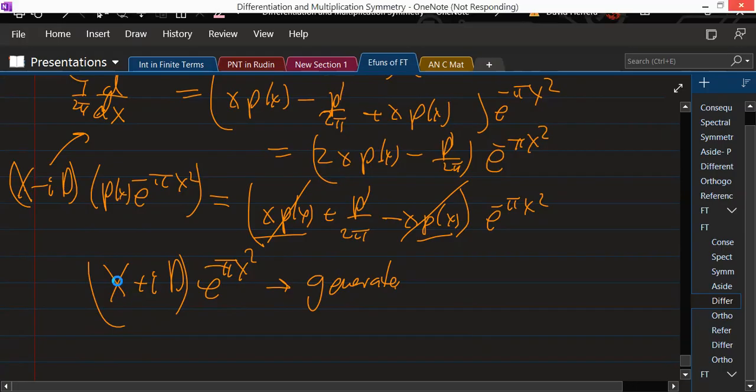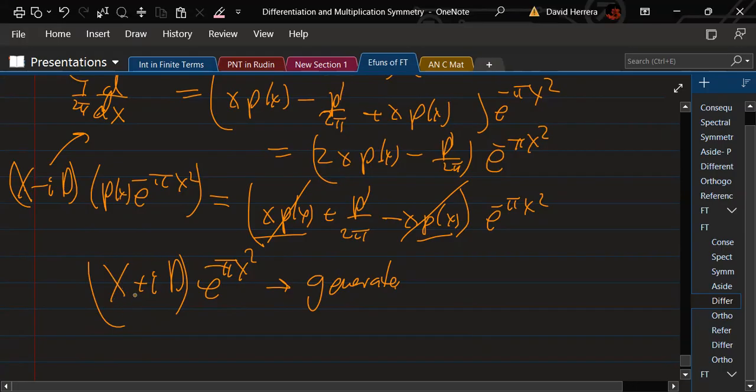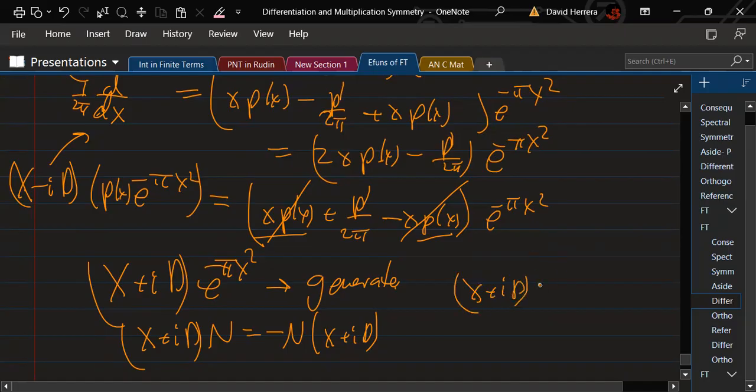If you apply this thing every time, it's going to interchange even and odd. So why is that true? This thing is even, right? So how does this thing commute with this? Well, it turns out it commutes with a negative sign. Why does it commute with a negative sign? Well, the reason is it commutes with the Fourier transform with the negative i.